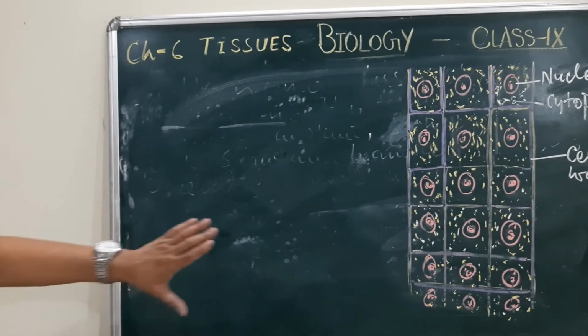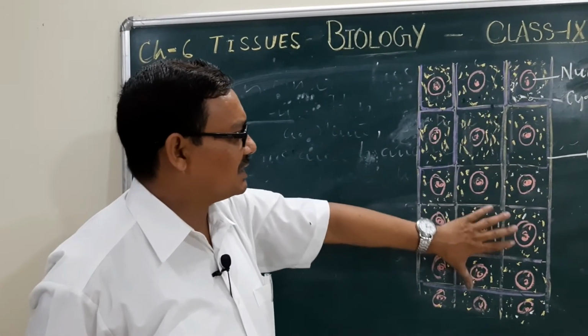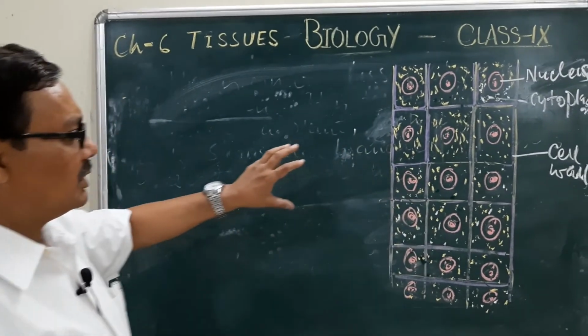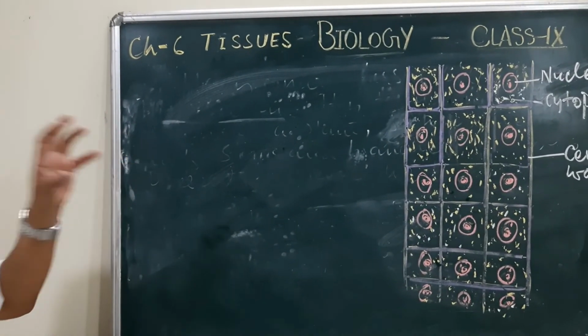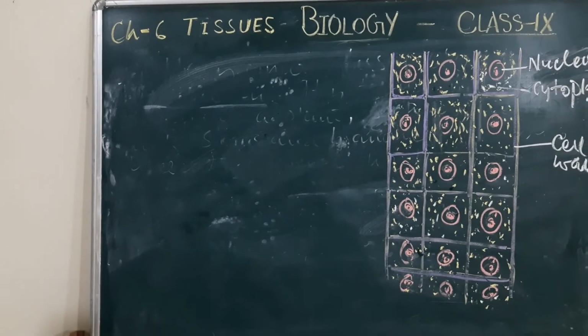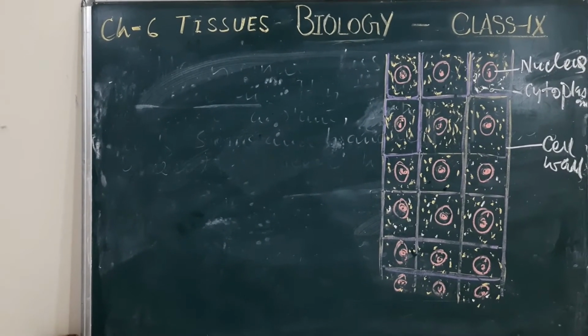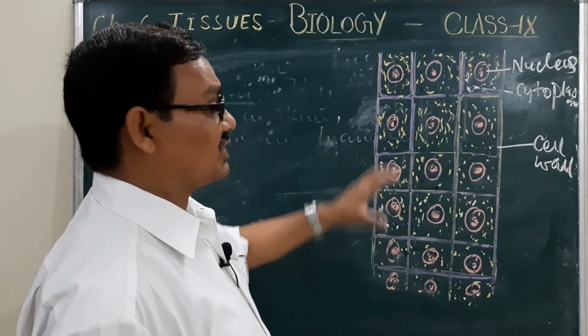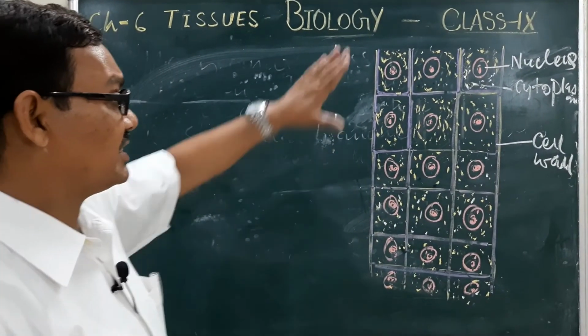Here, depending upon the shape of the cell and their arrangement, you may conclude some ideas. Those ideas are actually the structure, the characteristic features.